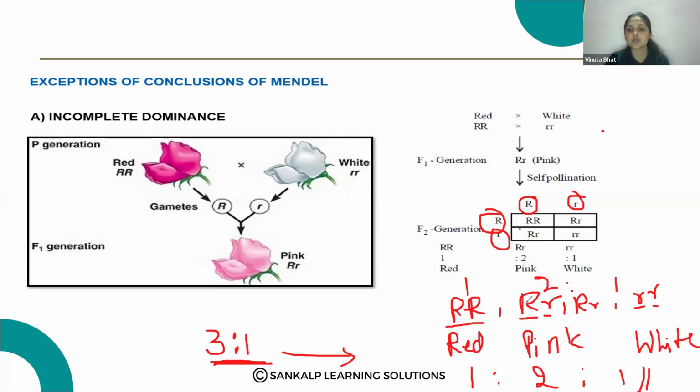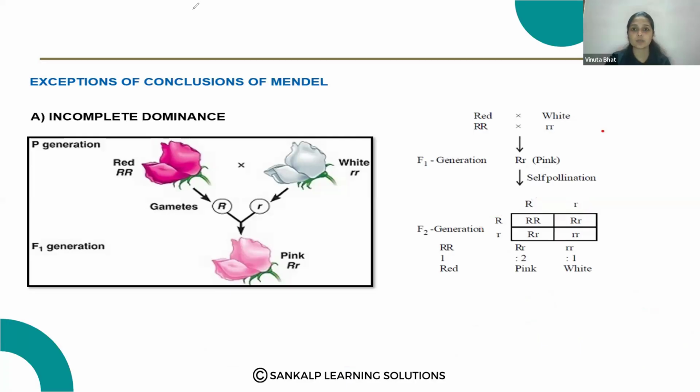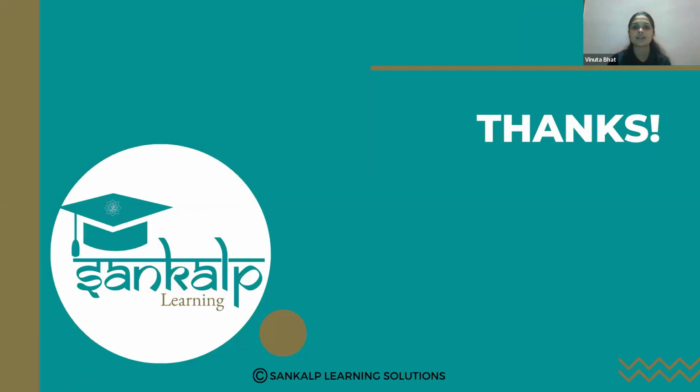So the genotypic ratio is 1:2:1, similar to the monohybrid cross experiment. So this is an example of incomplete dominance, which is one of the exceptions to the law of dominance. Thank you.